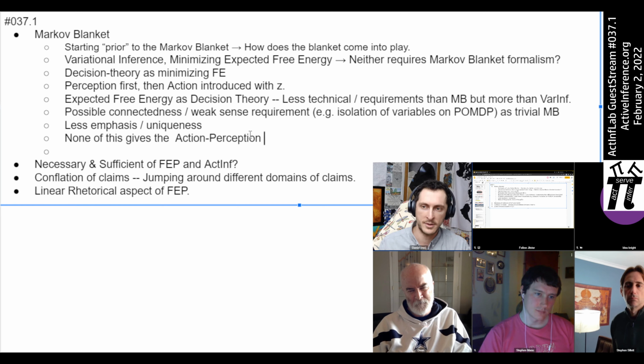Part of the unknown, or at least less clear, is the action and perception interpretation that Friston has introduced, taking the unitary Markov blanket concept and splitting it into an incoming sense state dependency and an outgoing action state. And none of that gives a clear action-perception topology, which is why we've seen different diagrams, with action and sense connected and backwards arrows.